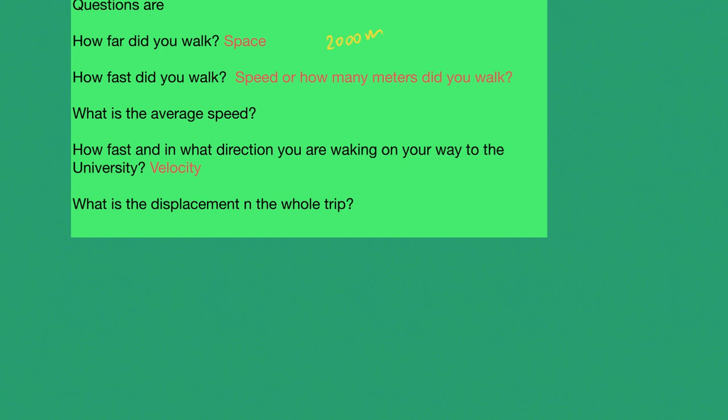So how fast did you walk? This is related to the speed. The speed, which we will denote like this, is not the velocity; it's the magnitude of the velocity, the distance traveled divided by the time.